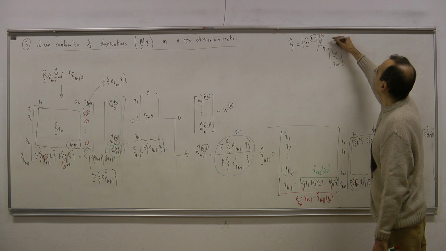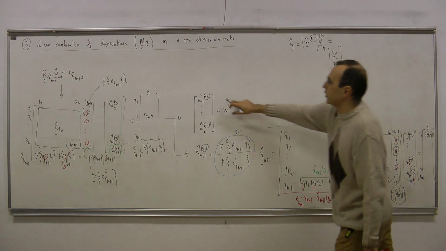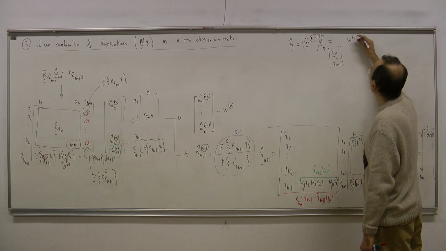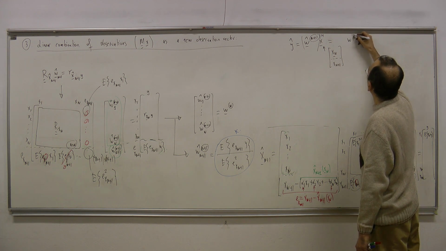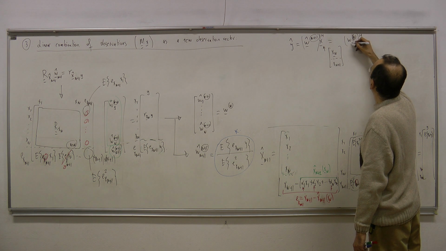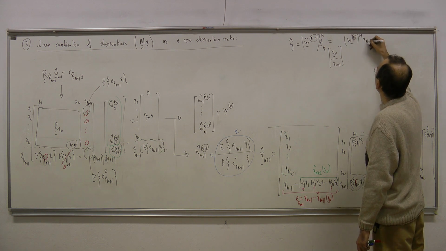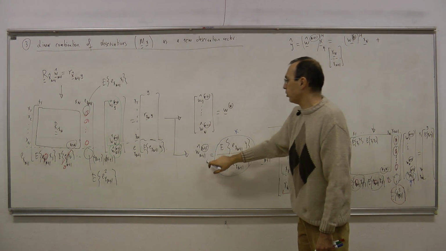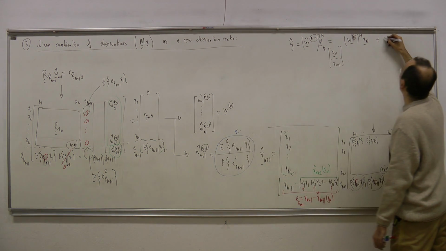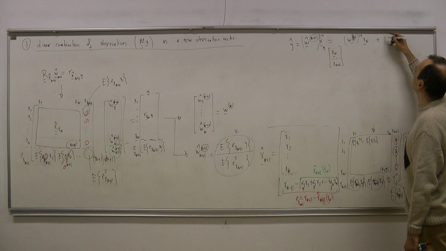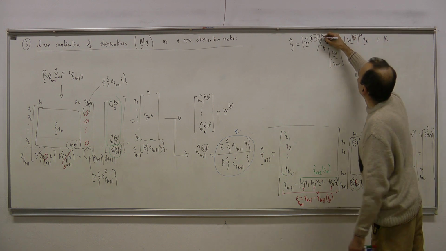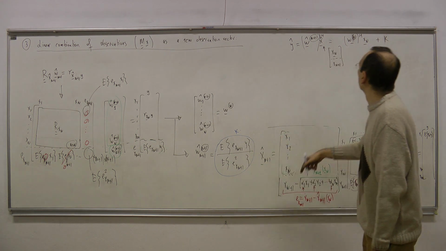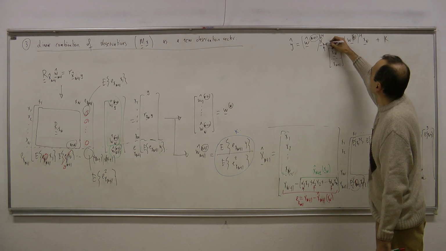So what do I have? The top part is the processed x of n, plus the last one is just k times, but this is with hat, right? I'm using this vector with hat.